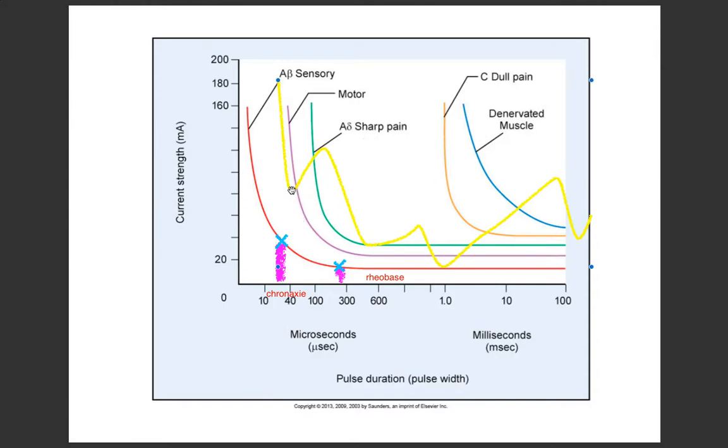So we use the rheobase and chronaxie as a general rule of thumb when setting the parameters, and we can adjust accordingly due to the depth of the nerve receptor that we're trying to reach.